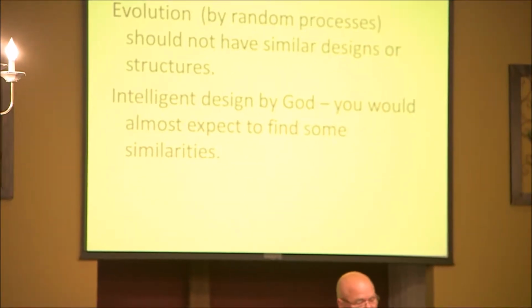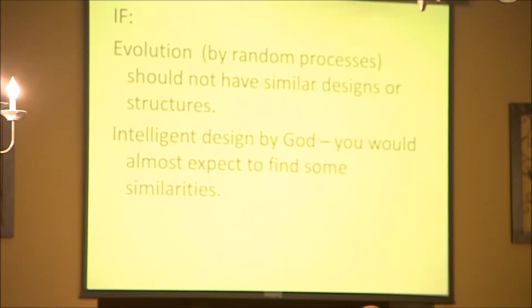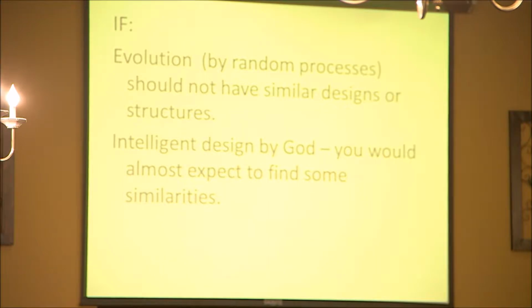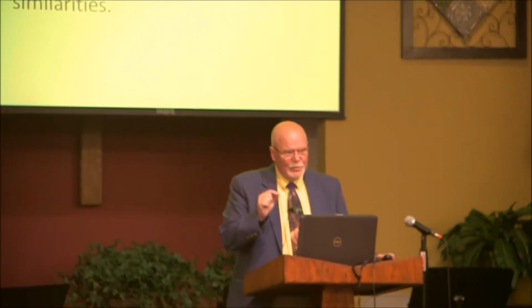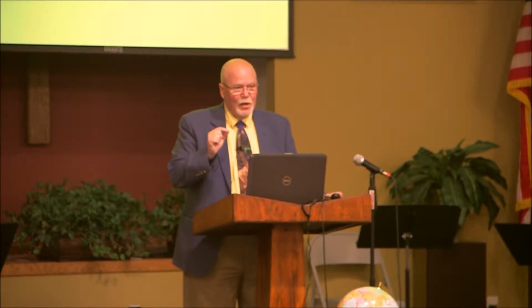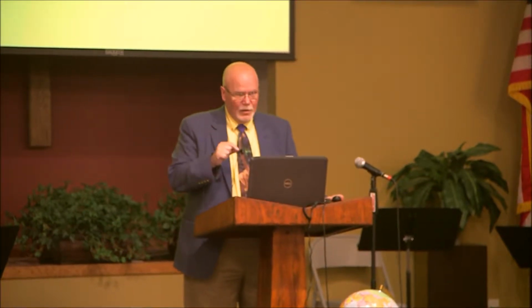But intelligent design by God, now let me just stress something here before I forget. It's not bad to say intelligent design. But I always say, if you're going to use it, tell them who the designer was. It's intelligent design by God.